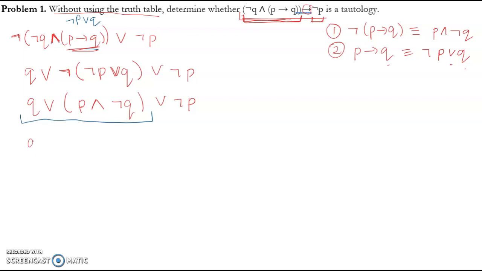So that becomes (Q or P) and (Q or not Q). I still have the remaining things that I have to copy.